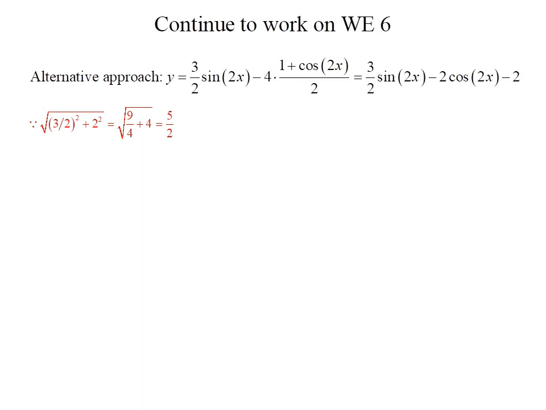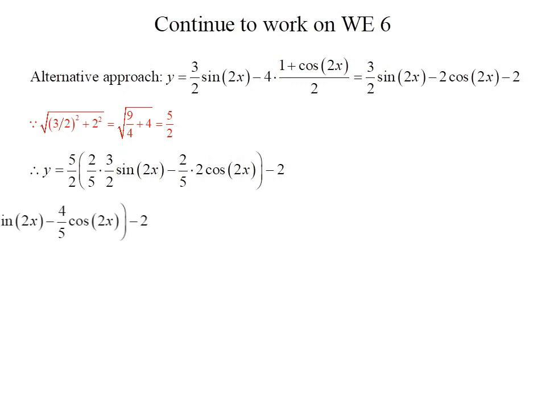In order to apply the addition formula, the first 2 terms are multiplied and divided by the same number, 5 over 2. Then the function becomes 5 over 2 multiplies open brackets 3 over 5 times sine 2x minus 4 over 5 times cosine 2x close bracket minus 2.